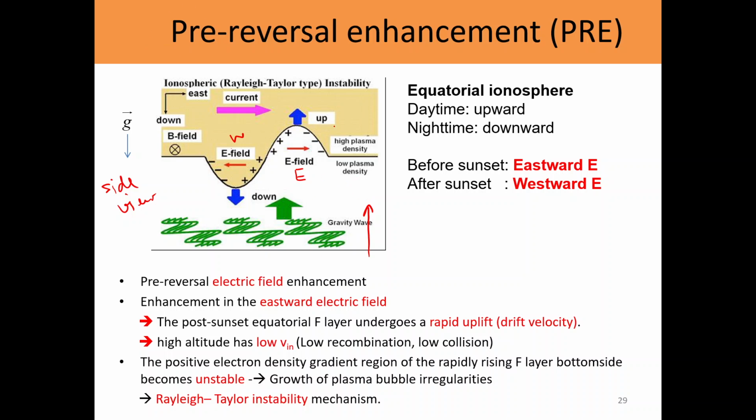When we say pre-reversal enhancement, which was evident when you look at the changes in electric field before sunset and after sunset, this is also what happens. So when we call it pre-reversal enhancement, it means a pre-reversal electric field enhancement. It is basically eastward, westward, before and after sunset.